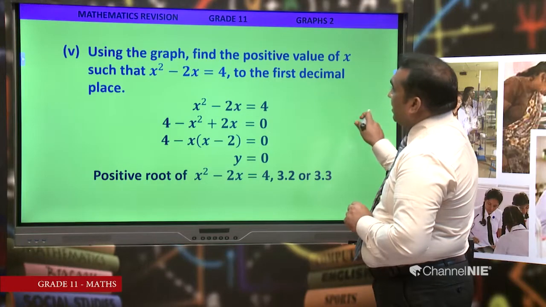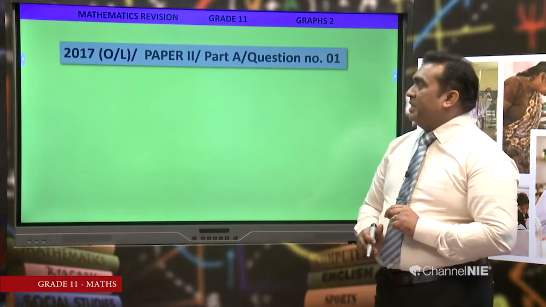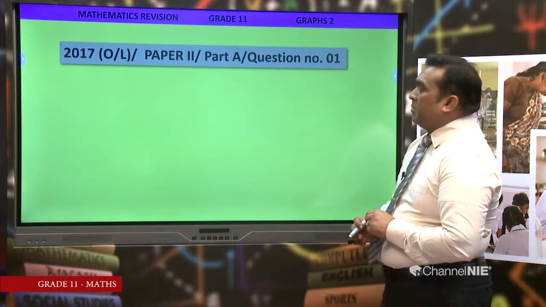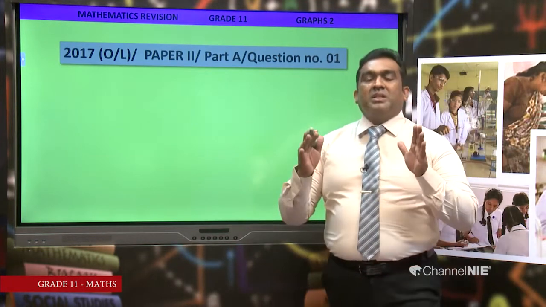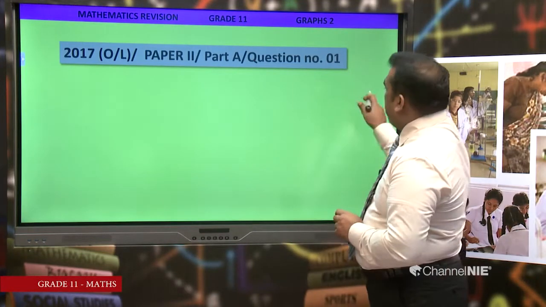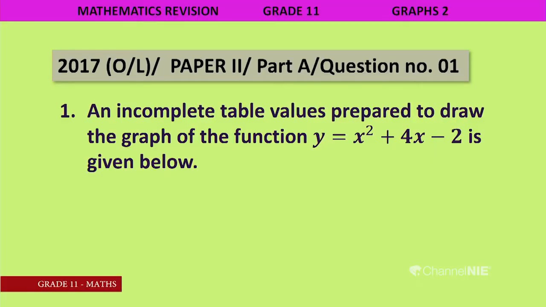Now, next one, 2017 O-level paper 2 part A question number 1. First question based on the theme of algebra. This is your first question. An incomplete table of values is prepared to draw the graph of the function y equals x squared plus 4x minus 2.